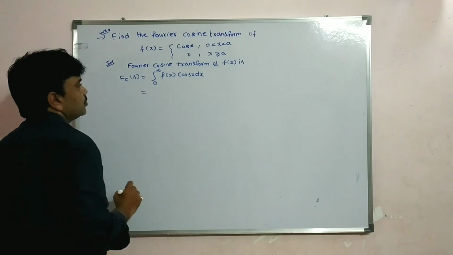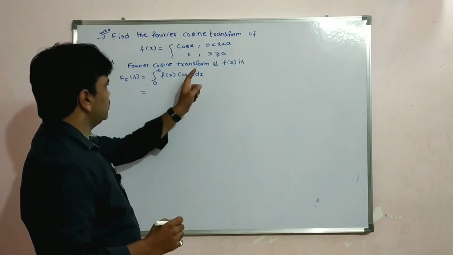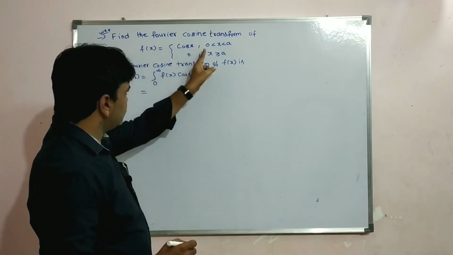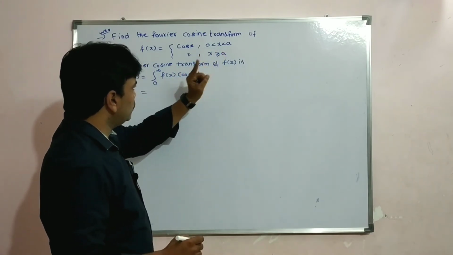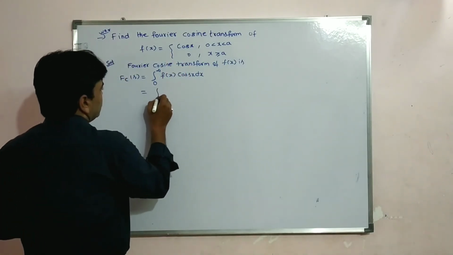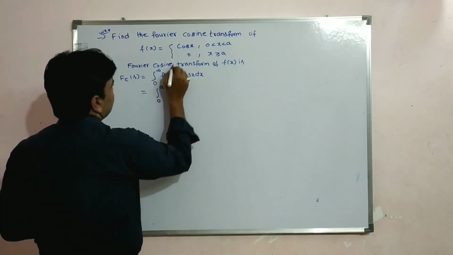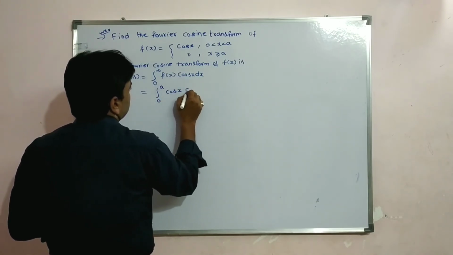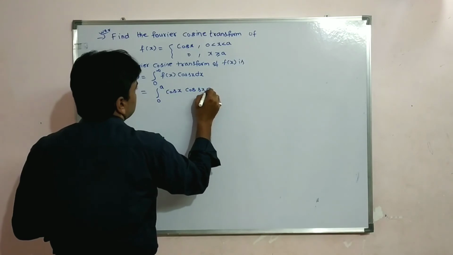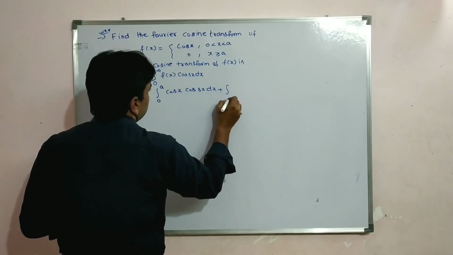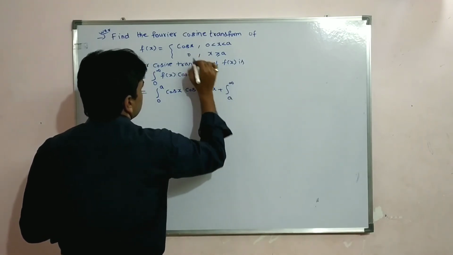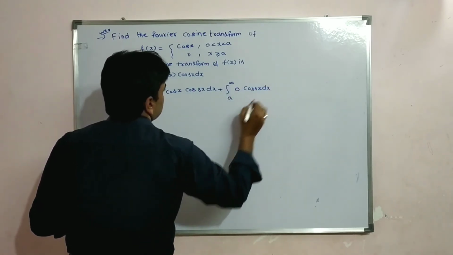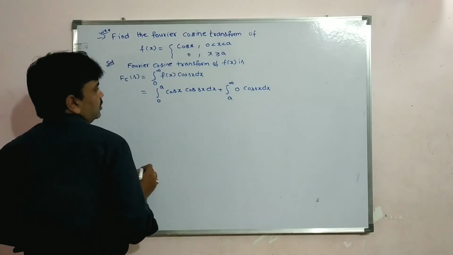That is equal to, see students here, we have limits 0 to infinity, you split the limits, students, 0 to a and a to infinity. So the integral from 0 to a of f of x, students, cos x and cos sx dx, plus the integral from a to infinity of f of x, value 0, into cos sx dx. So this value is 0, students.